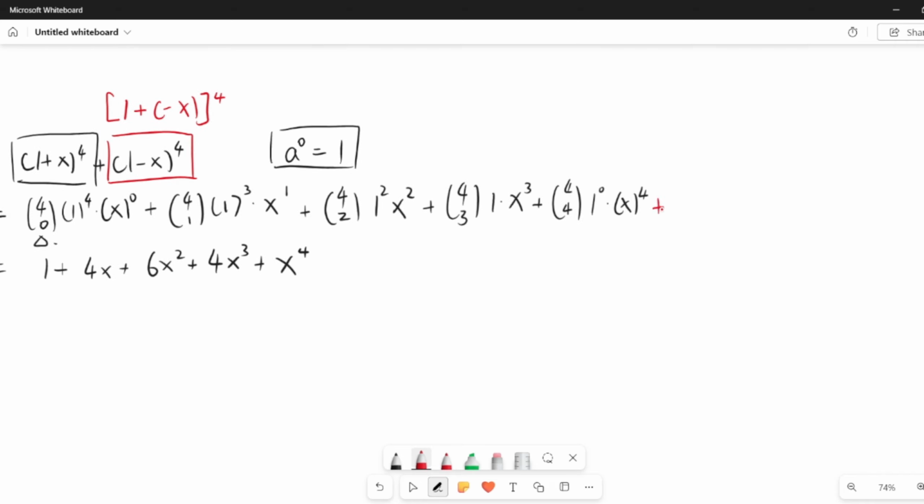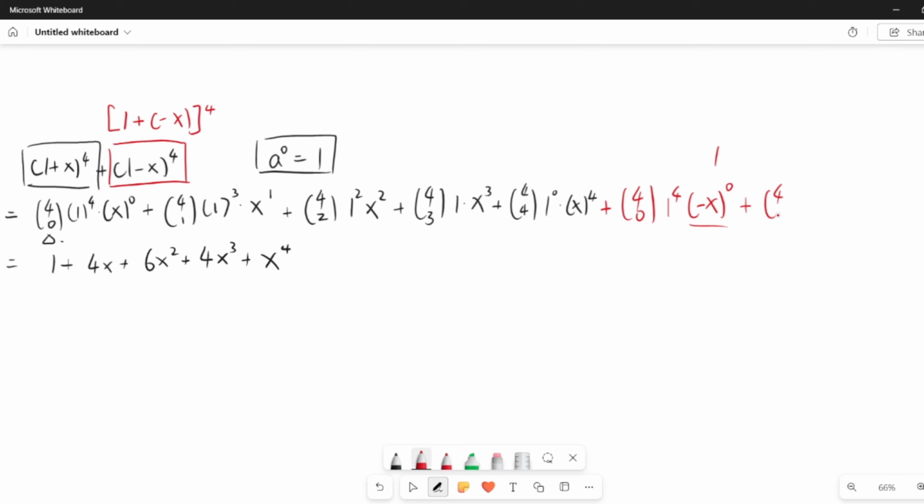So that would be plus 4C1, 1 to the power of 4, but in here, minus x to the power of 0. Do remember, anything to the power of 0 gives you 1. So this is also 1. Just don't get confused. Plus 4C1, 1 to the power of 3 times, now be careful, this is minus x.